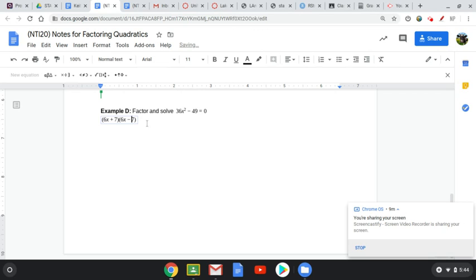So there's your factors right there. Now, if you want to solve this, you'd take each piece, set it equal to 0. When you do that, you find out that your solutions end up being x equals negative 7 over 6 and x equals positive 7 over 6.